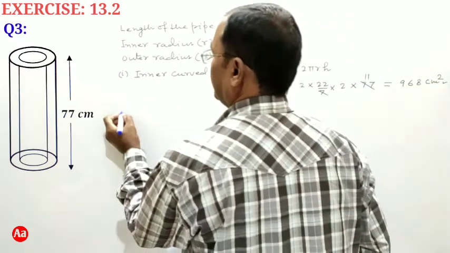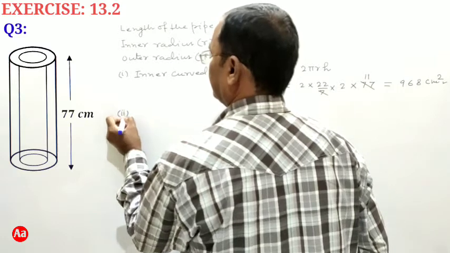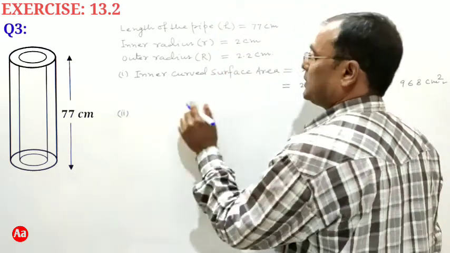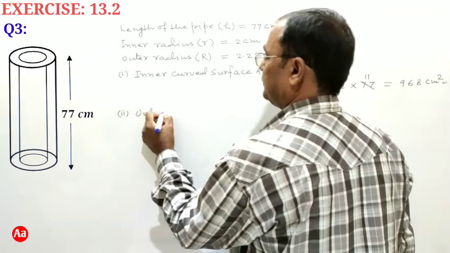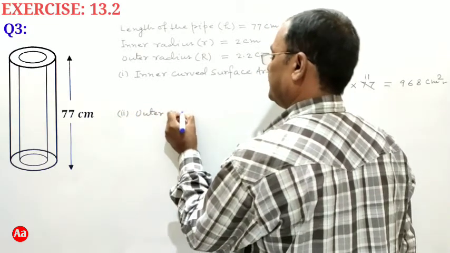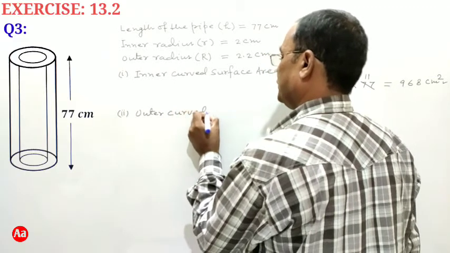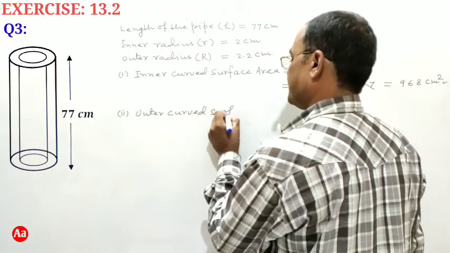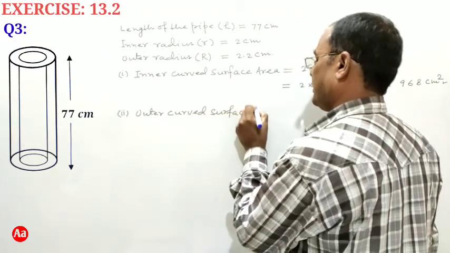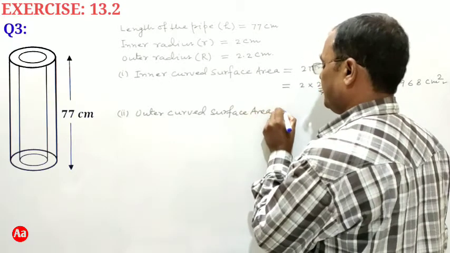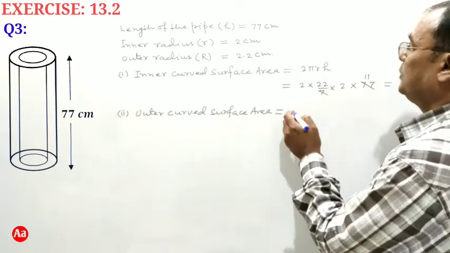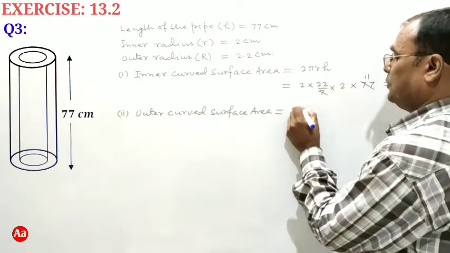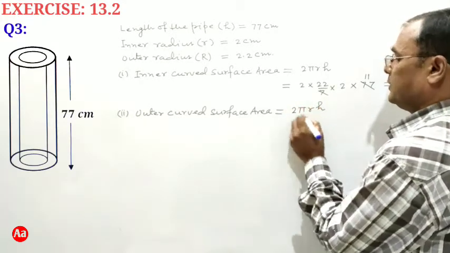Now let's find outer curved surface area of the pipe, and here also we are going to use formula 2 pi rh.